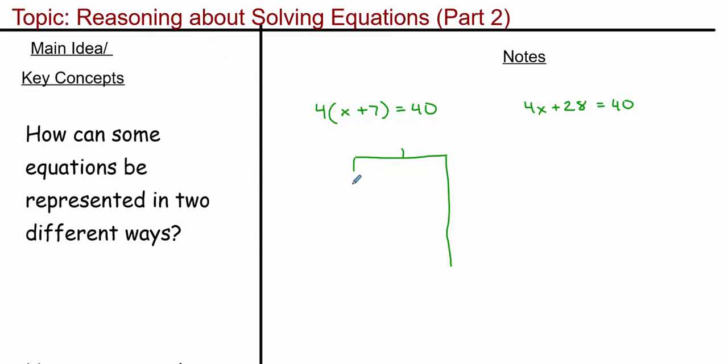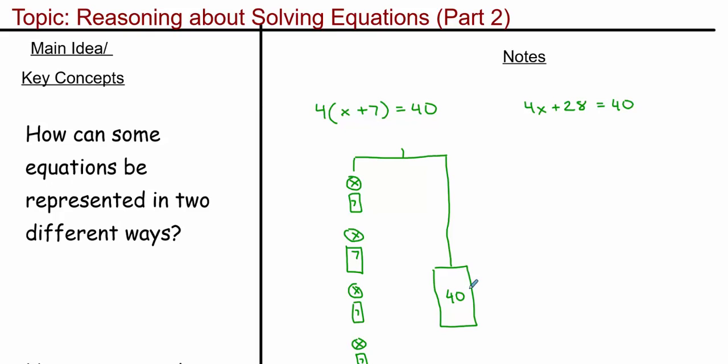So we would have an x and a 7, an x and a 7, an x and a 7, an x and a 7. So we have 4 groups of x plus 7, and on this side we would have a group of 40.